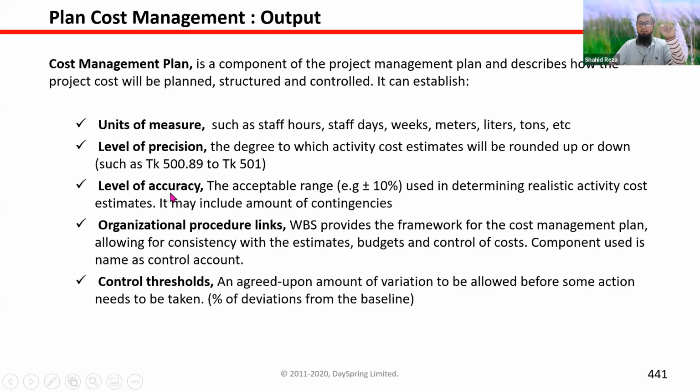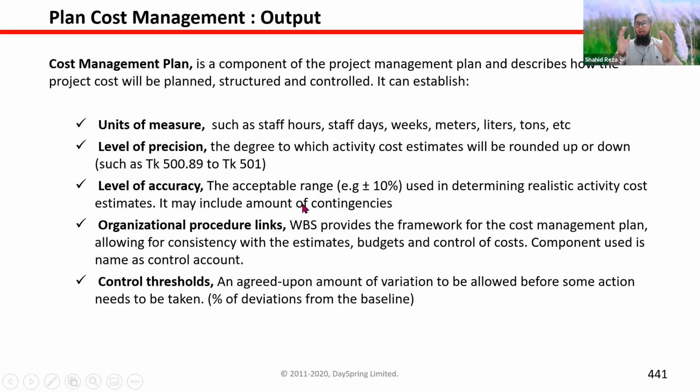Level of accuracy. How definitive your estimate should be will mainly depend upon your management, how sensitive they are. Will they accept a 10% deviation or not? Or are they very cost sensitive and will not allow 2% or 5% variance?